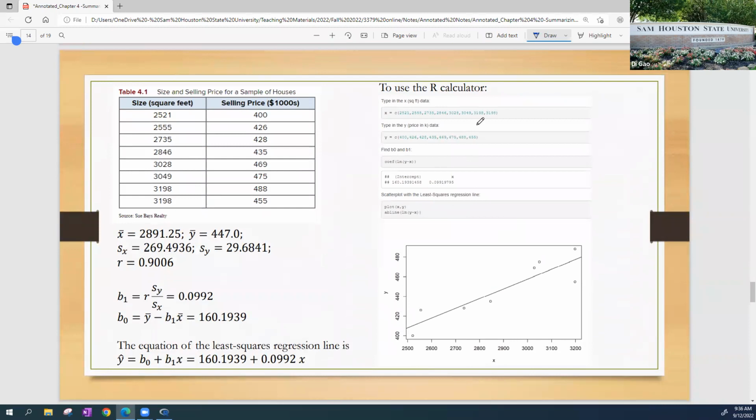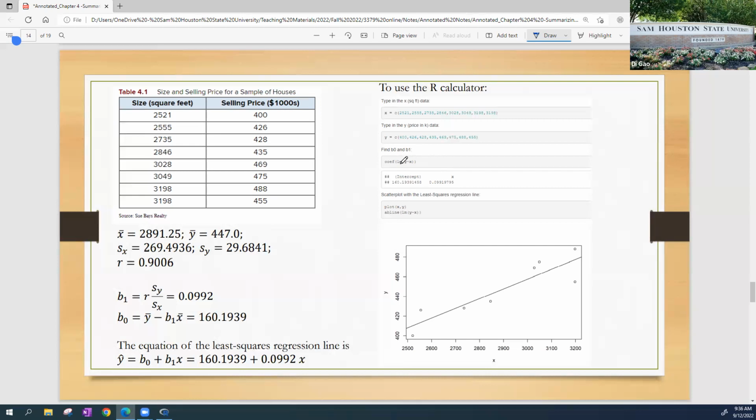And then if we want to use the R calculator, again, we type in X and Y data, and then find B0 and B1, the estimated coefficients, right? So for coefficients, we just use COEF, and then open parentheses, close parentheses. In between, we say linear model. So that's the least square regression line.